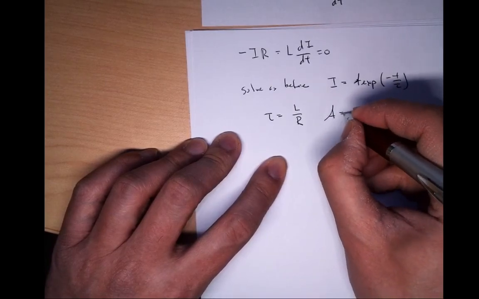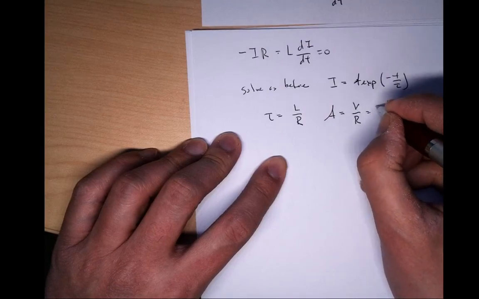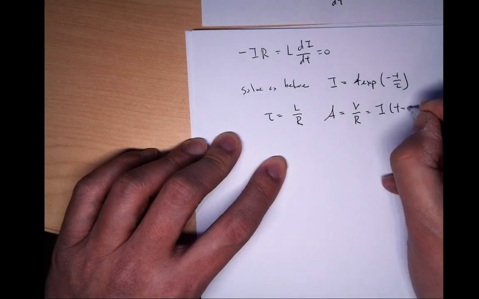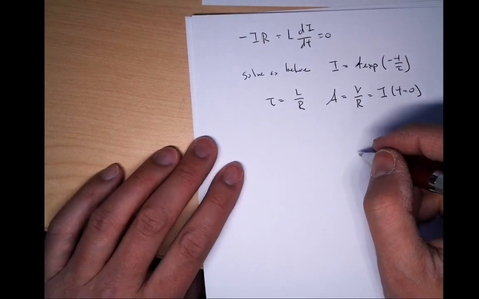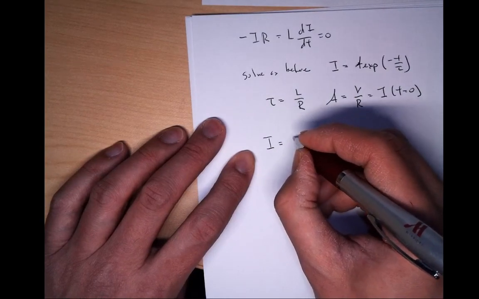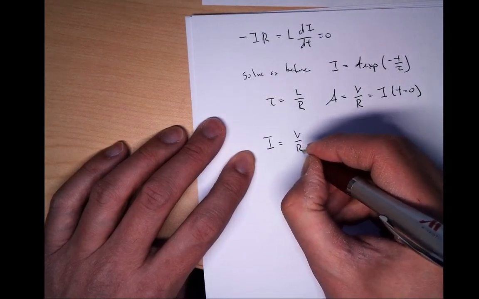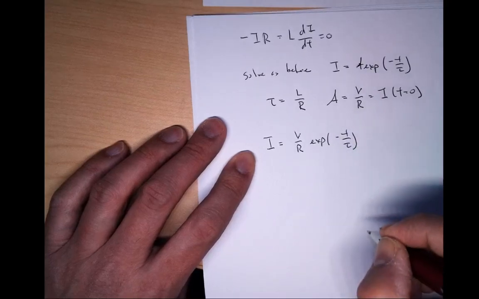And A is just going to be equal to the initial A, which is V over R, which is just I at t equals 0. Okay, so now basically if we do that, what we have is I is equal to V over R exponent minus t over tau, right?